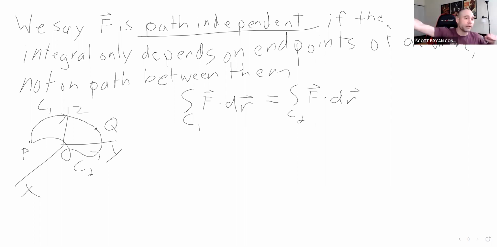It doesn't matter how you get from point A to point B, you're going to get the same integral no matter what path you take. And that's true for any 2 points. That's what path independent means.